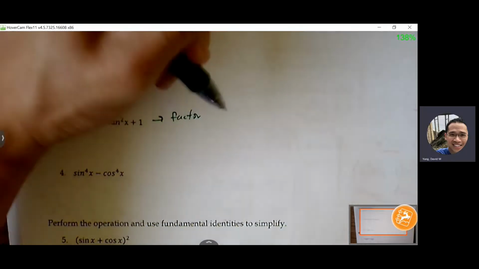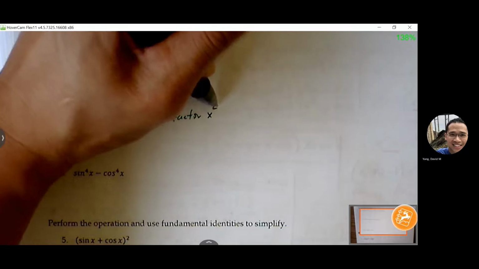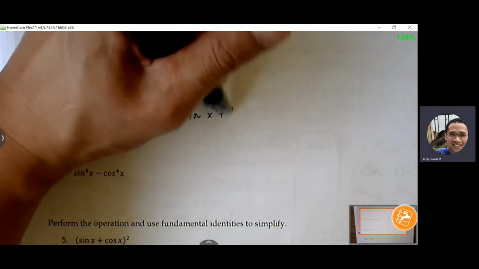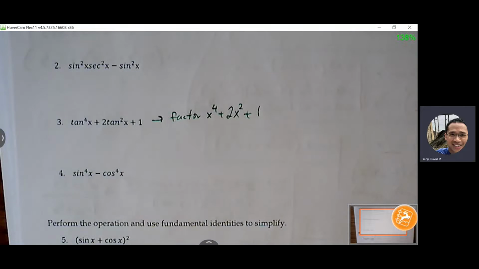If you can factor x to the 4th plus 2x squared plus 1, then you should be able to adapt that for something that's in the form of tan to the 4th x plus 2 tangent squared x plus 1.